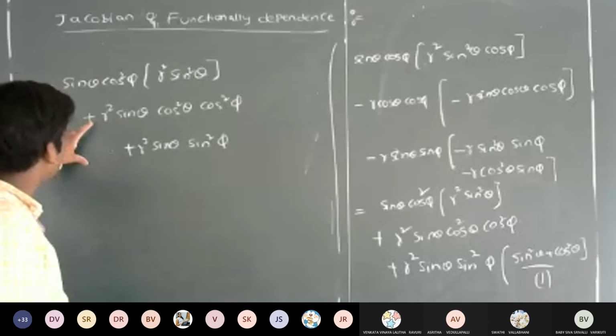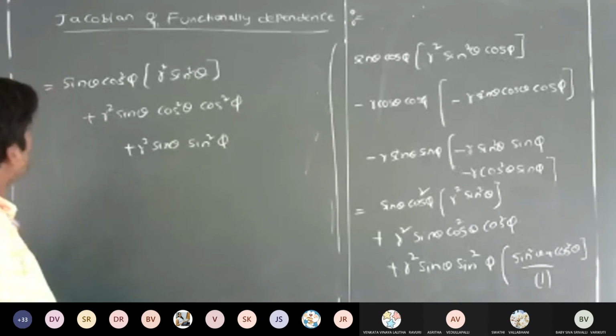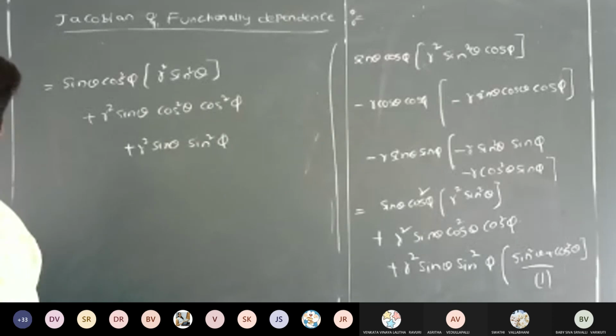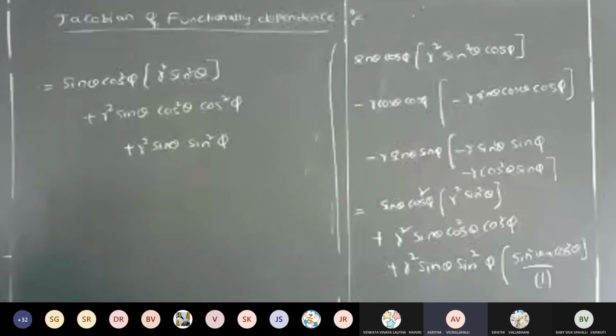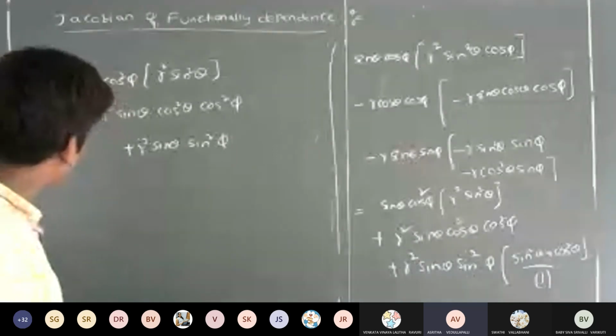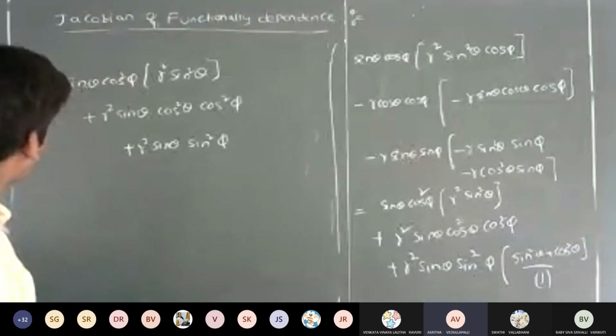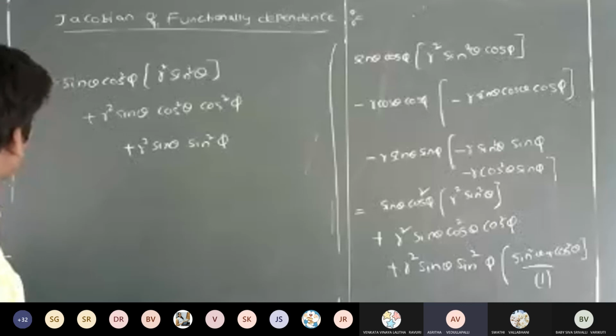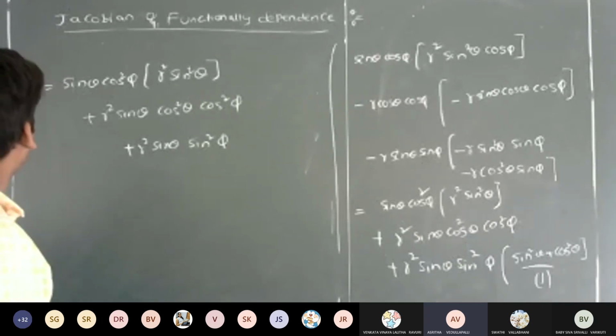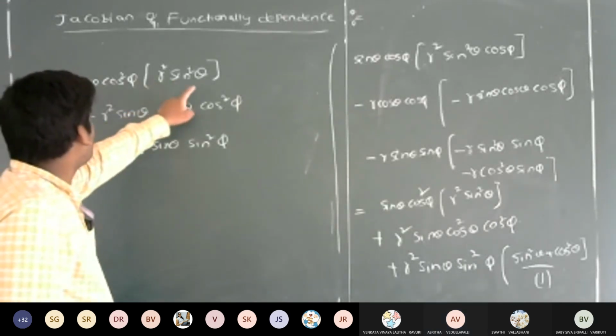From the first two terms, I am taking r square sin theta cos square phi common.